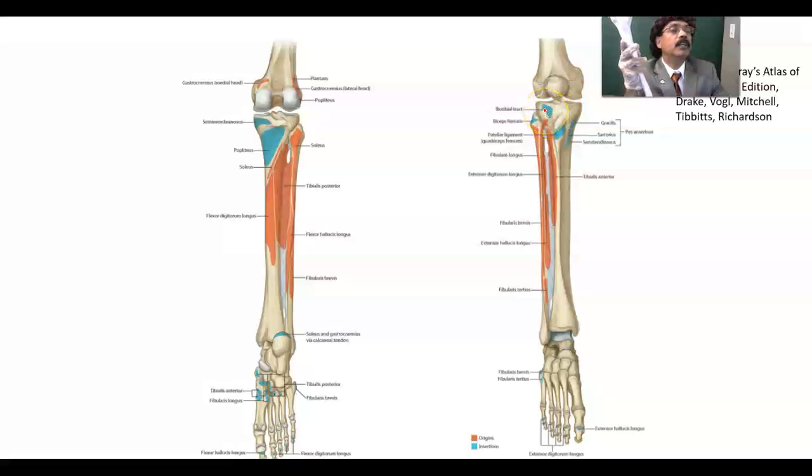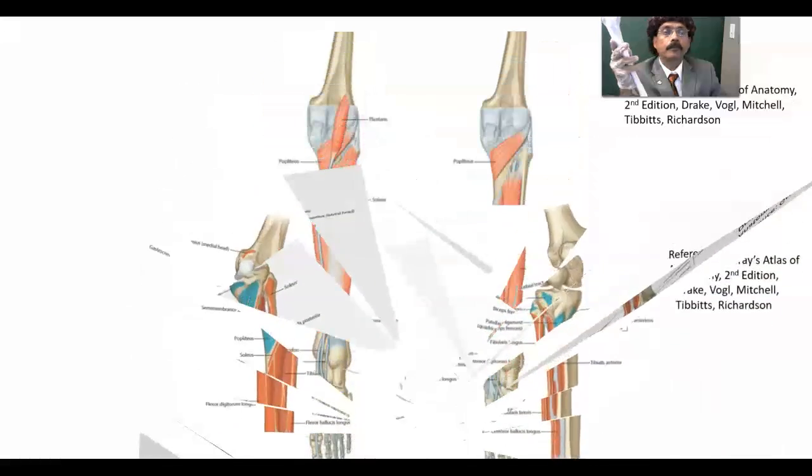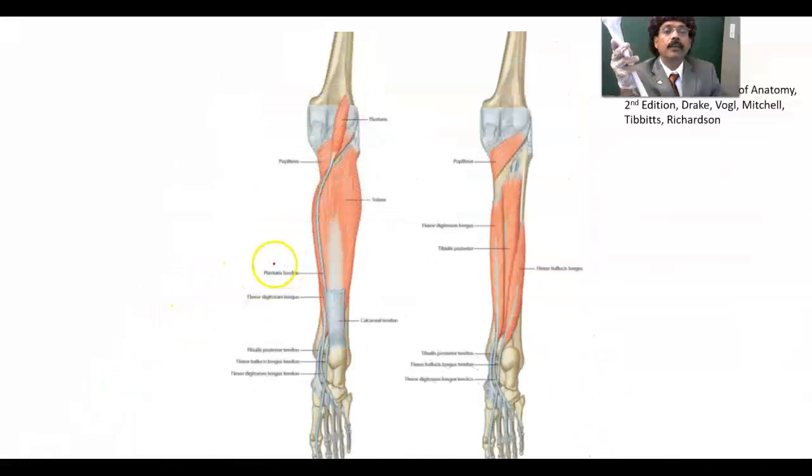Iliotibial tract is the thickening of the fascia lata along the lateral aspect of the thigh. Okay, here is the insertion of the popliteus muscle. Here we have the flexor digitorum longus. This is the tibialis posterior muscle. Okay, we got that.